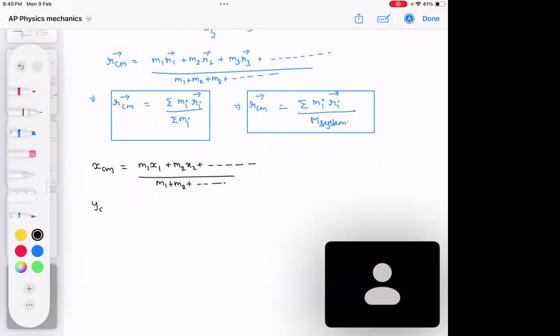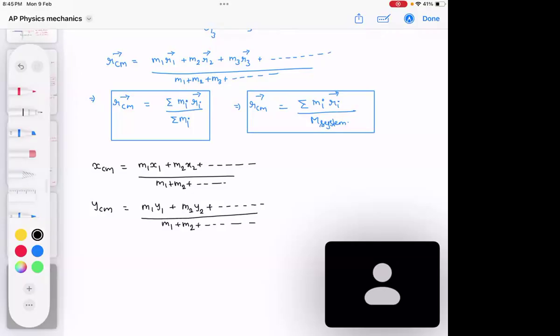If you want to calculate YCM, what will you do? m1 y1 and so on. But please keep in mind that whenever you are writing y1, y2, y3, these coordinates, don't forget the sign of the coordinate. Don't forget the sign of the coordinate. So m1 plus m2 plus m3, like that.